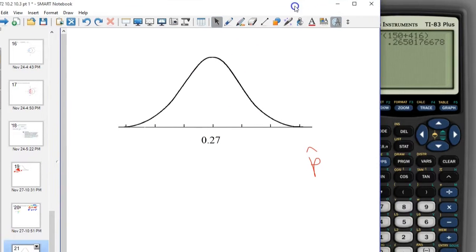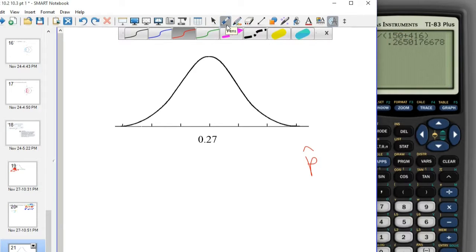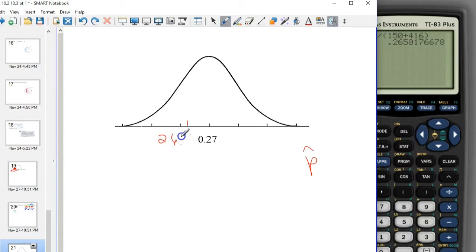So what we're doing is we're conducting a sample to see, is this 26.5 number that we're getting, compared to 27%, far enough away to say that this is probably not true?